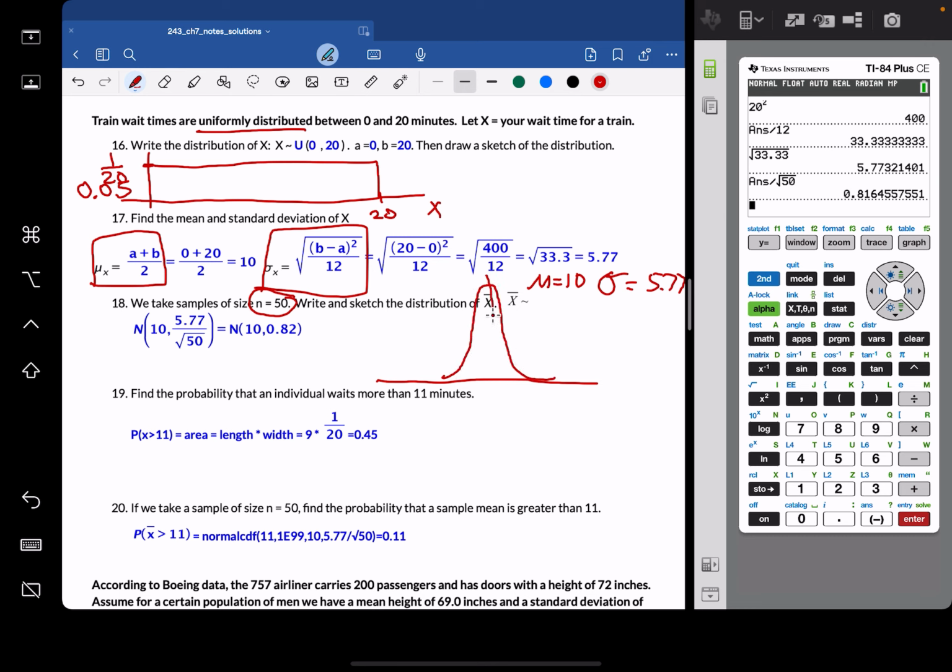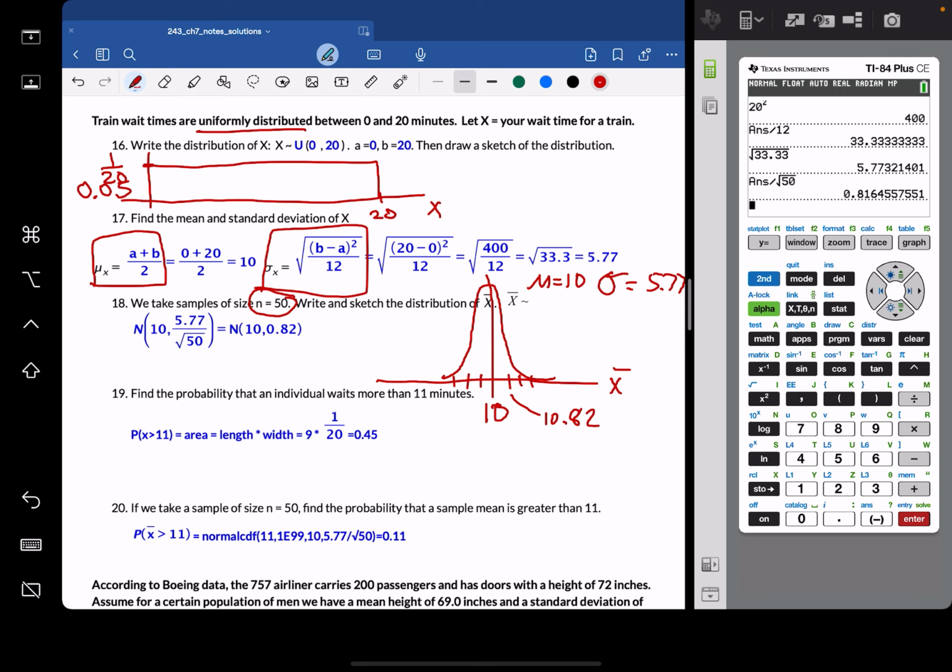And then I'm going to put 10 right in the middle. And then I can draw tick marks to indicate my standard deviations. And that would be 10.82 and so on. I won't bother going too much further, but I will label that that's the distribution of x bar.